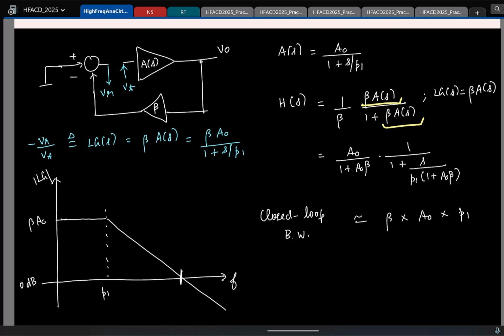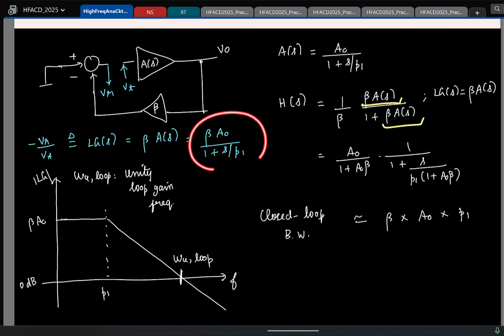This point we call the unity loop gain frequency, omega u loop. It is the frequency at which the magnitude of the loop gain becomes unity. That's it, a matter of naming.